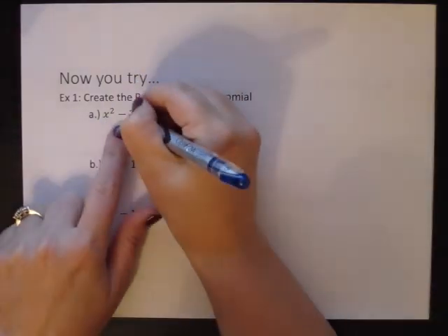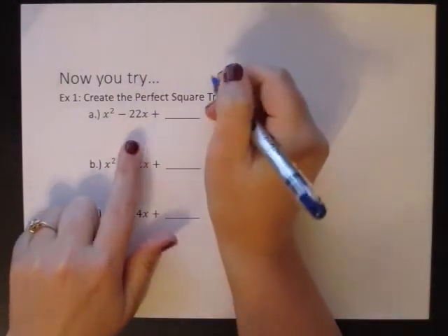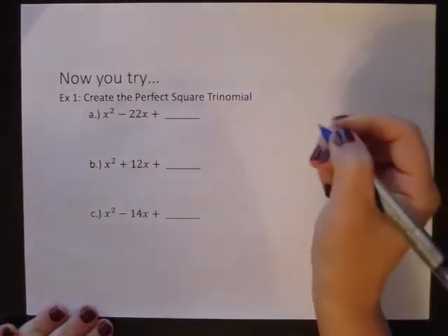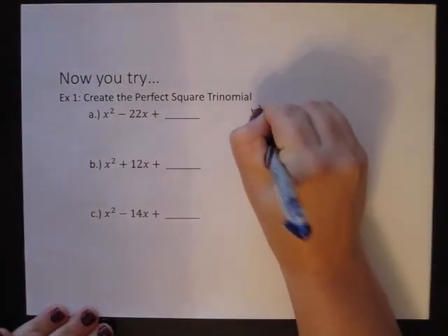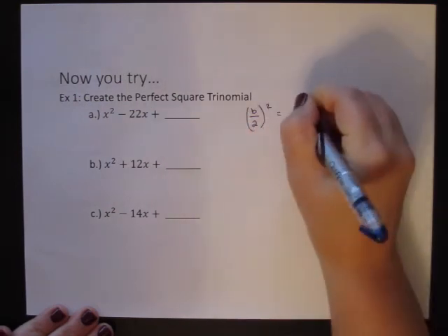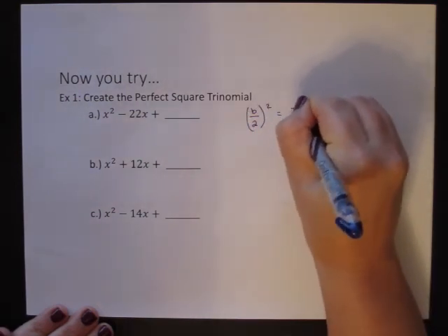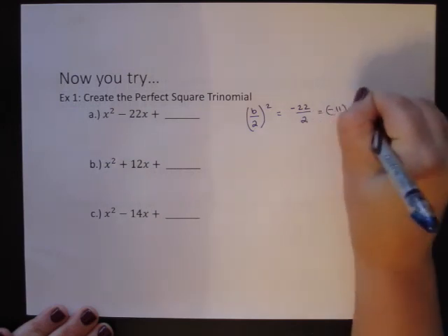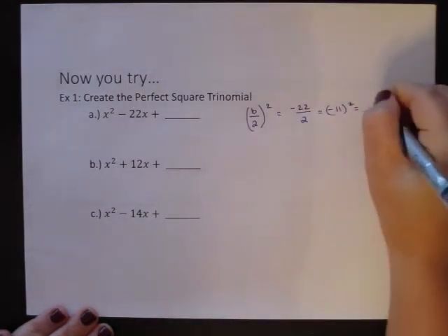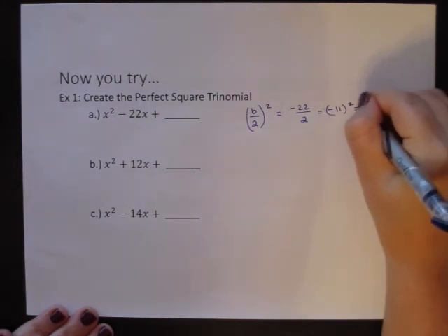Okay, so if I have x squared minus 22x equals blank, plus blank, I'm trying to figure out the blank, so I'm going to take my b divided by 2, and then I'm going to square that result. So my b is negative 22. I'm going to divide that by 2, so that's negative 11. Then I'm going to square that result, because it can't be negative to be a perfect square trinomial.